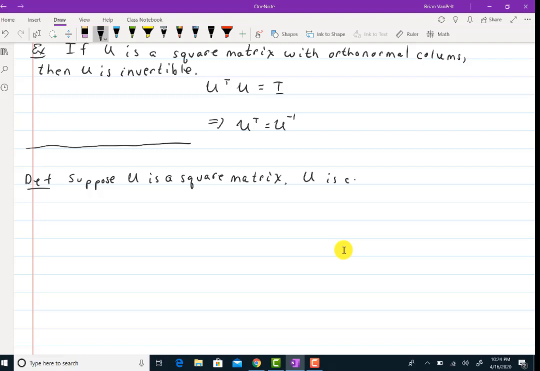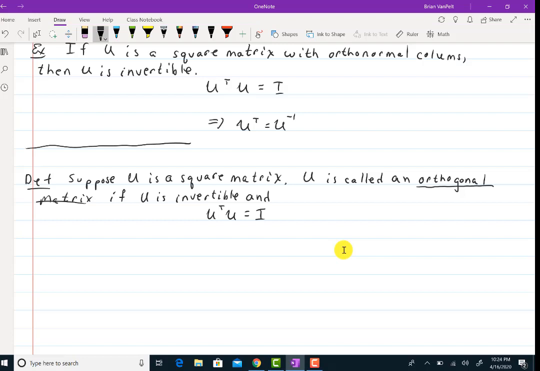U is called an orthogonal matrix if U is invertible and U transpose U equals the identity matrix. And once again, let me just remind you that that is the identity n by n matrix.